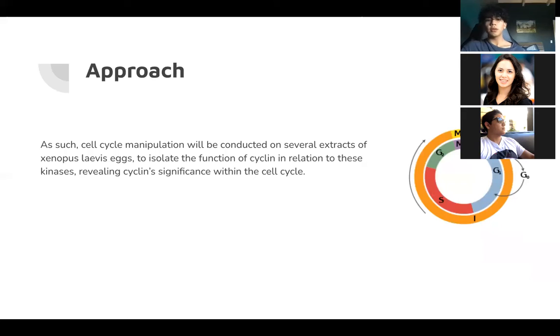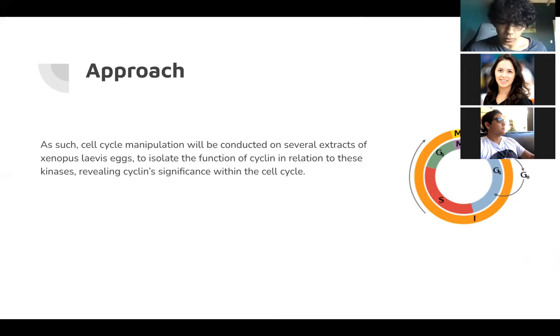So how are we going to approach the research question? Well, we know that all cells go through cell cycle regulation. And knowing that, we can also manipulate that process of cell cycle regulation, which consists of protein synthesis and the overall induction into the multiple interfaces.